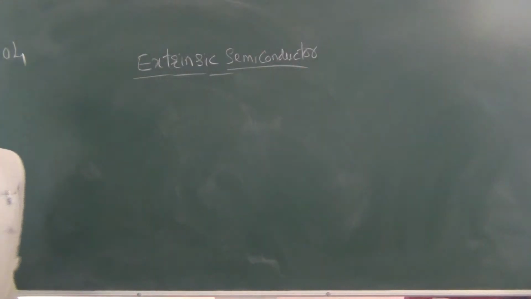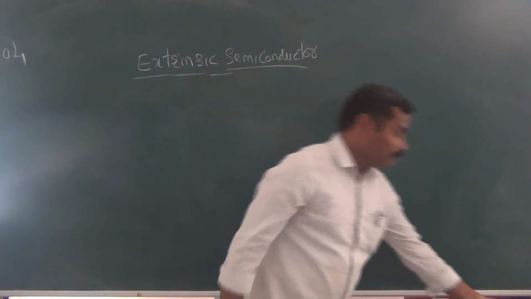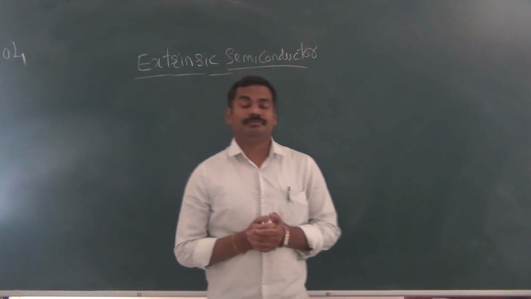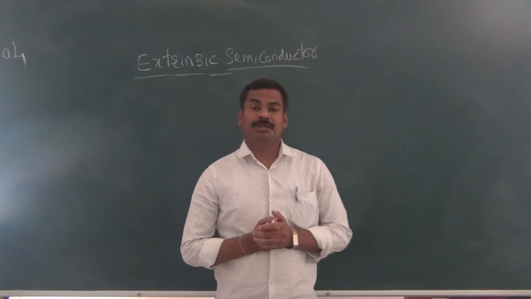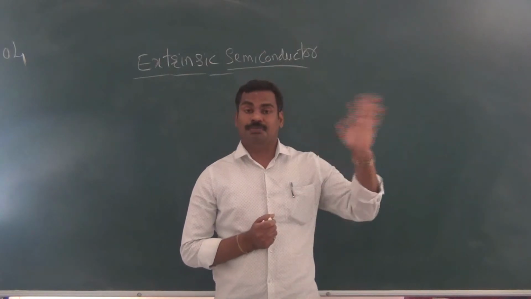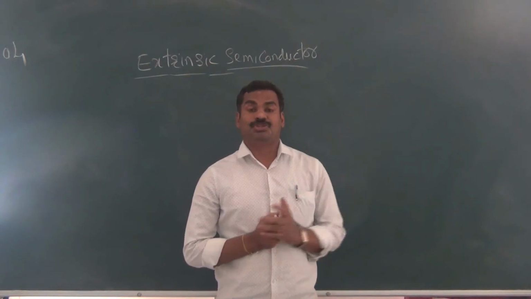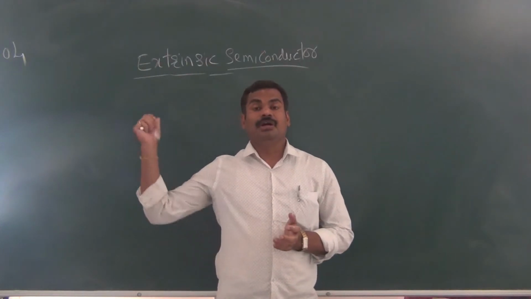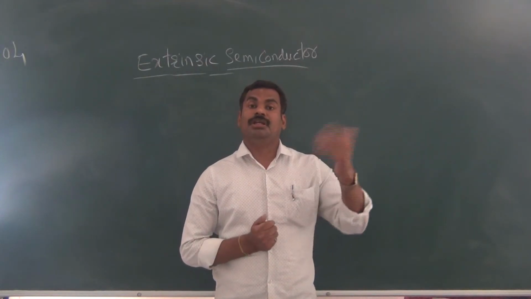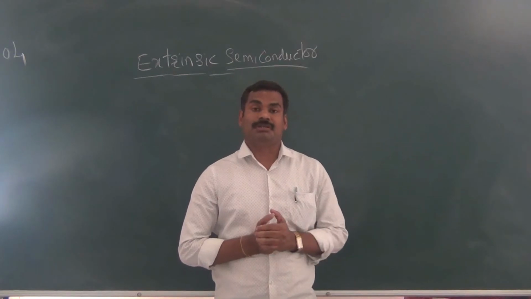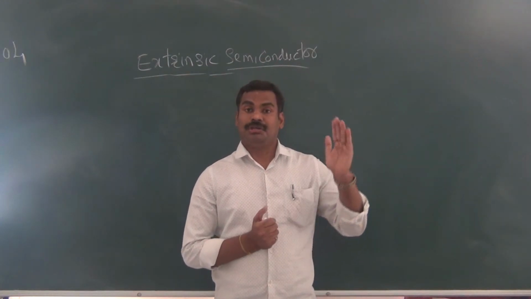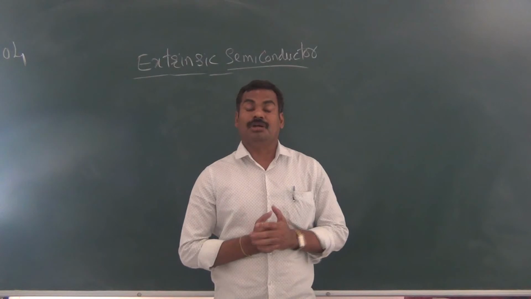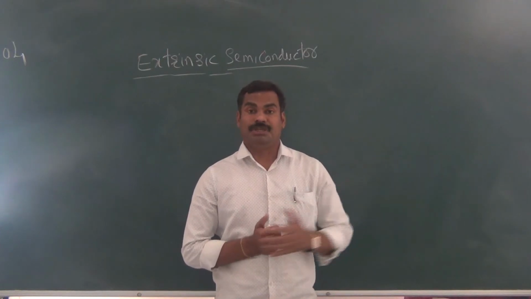Here, as I said already, intrinsic semiconductors are called pure, 100% pure. The semiconductor is in the purest form. That is the intrinsic semiconductor. And extrinsic semiconductors are called impure. They are called doped semiconductors.